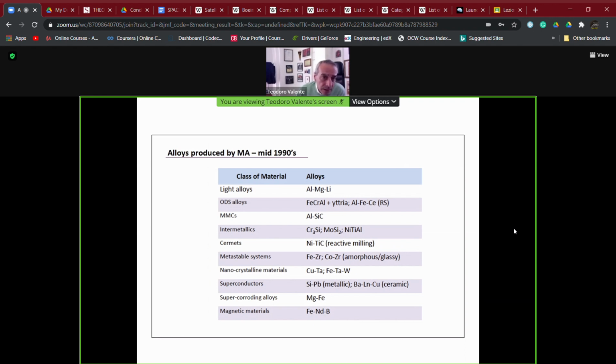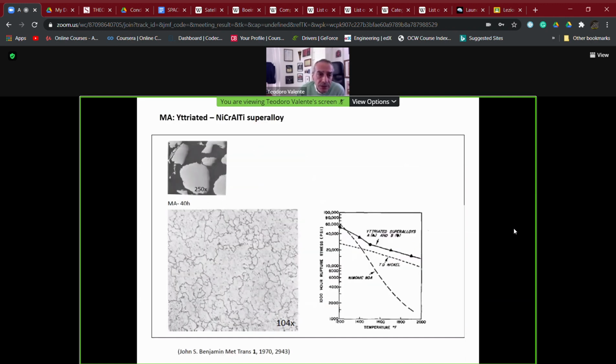So it's a sort of versatile technique, which has a broad range of possible applications, not only for the fabrication of ODS alloys, but also for these other classes, which have been tested and which have also been fabricated in the form of final components.